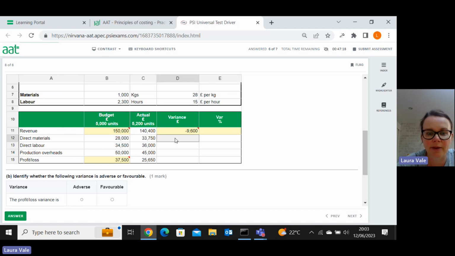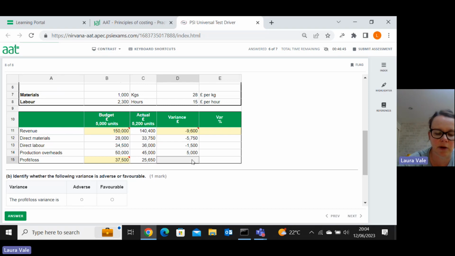So 28,000 take away 33,750 gives me minus 5,750. It's not a shaded cell. Budget take away actual, 34,500 subtract 36,000 is minus 1,500. And then budget take away actual, 50 take away 45 is positive, favourable 5,000.